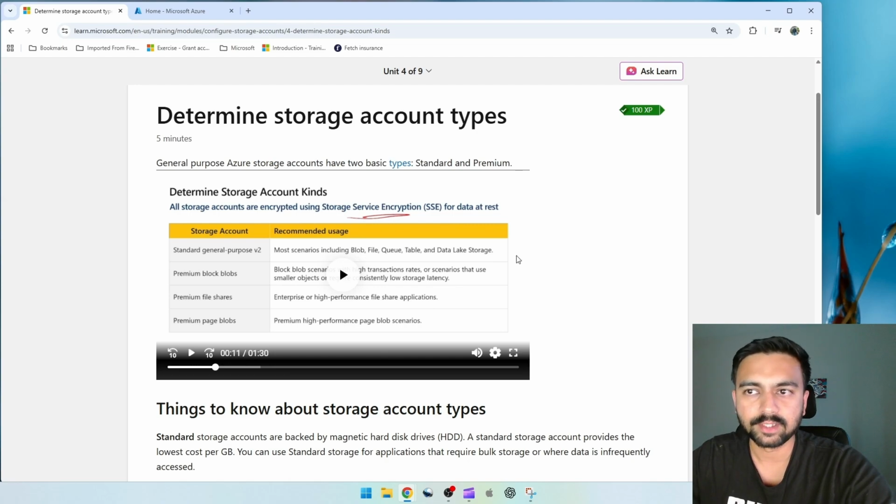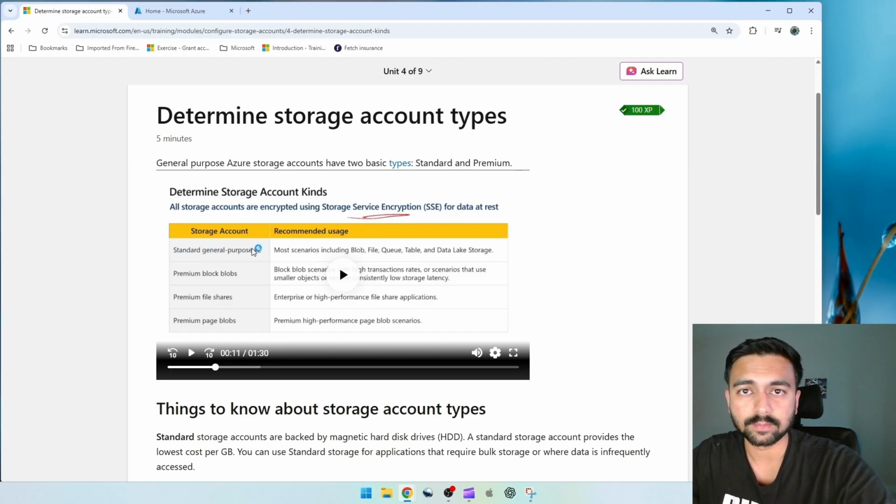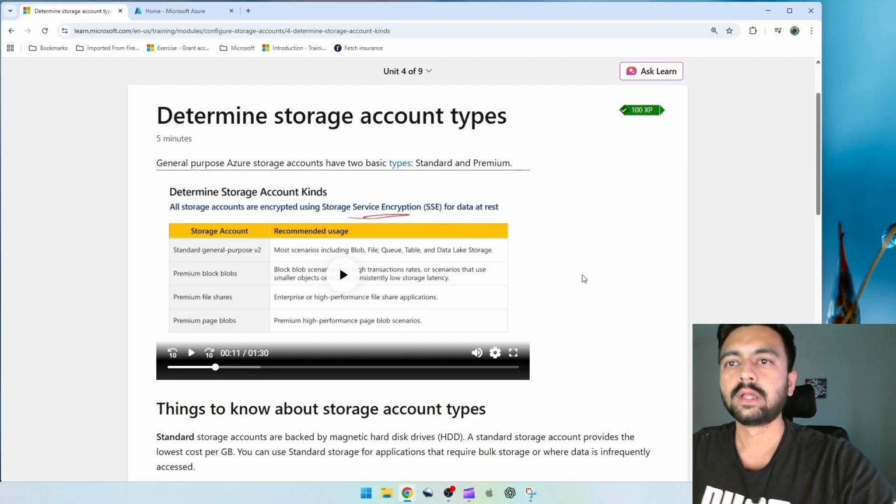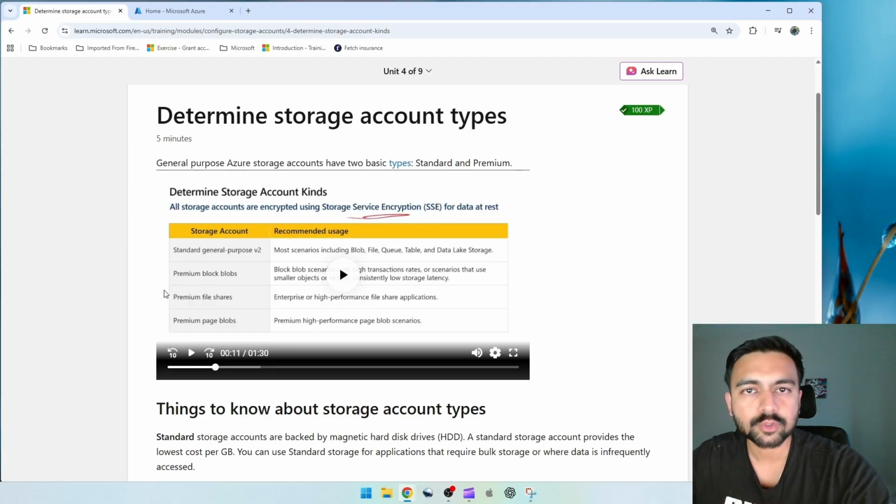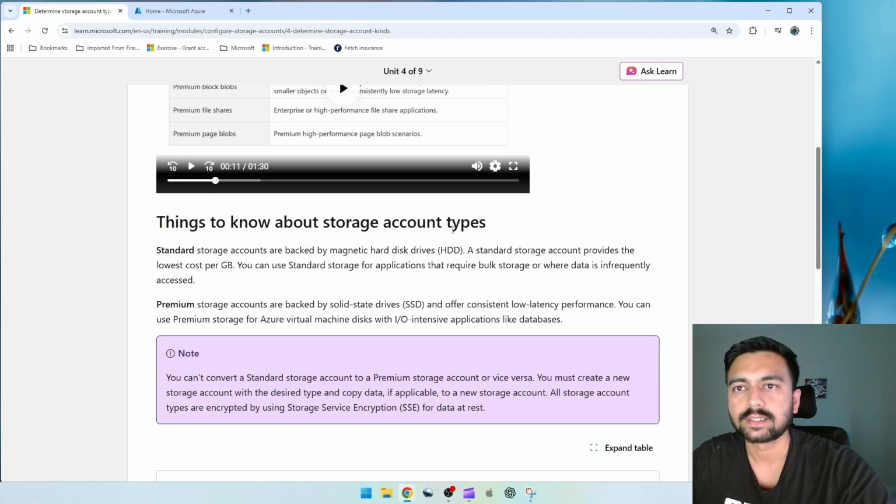So everything we learned about in the last few minutes, all types of storage accounts, you get if you subscribe to the standard general purpose. But there are also premium storage accounts for very specific purposes: premium blobs, premium file shares, and premium page blobs, and these are for high-level enterprise use cases.